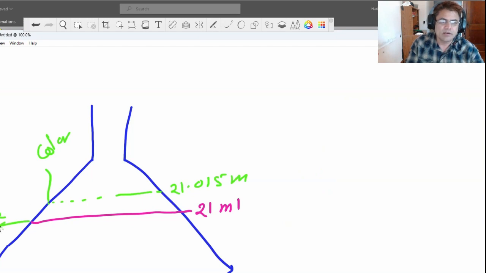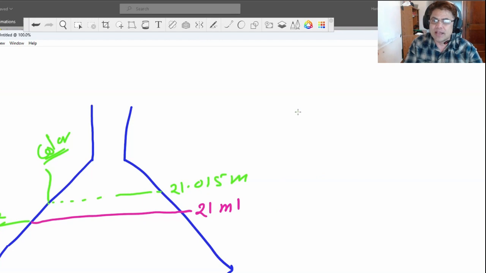You can realize that my reaction ended just before 21.015, just before that. It means that it could be 21 ml. We can realize that, but if you use this value, it is still not harming our accuracy.